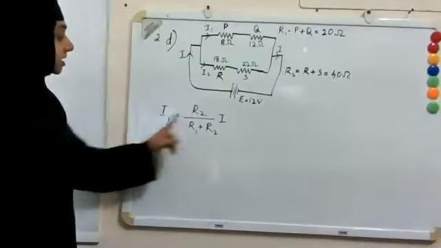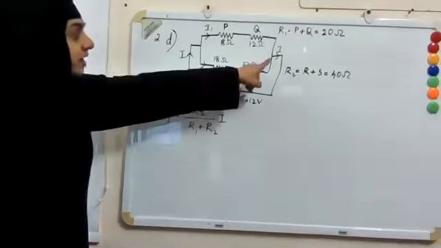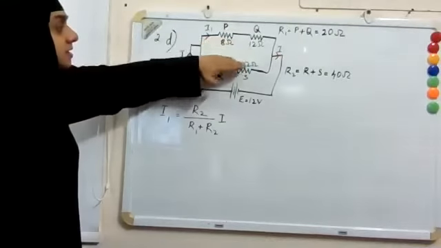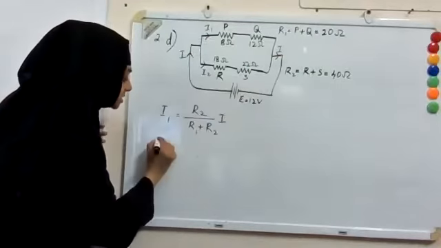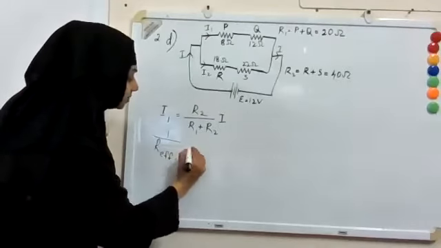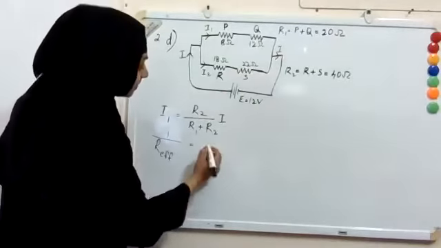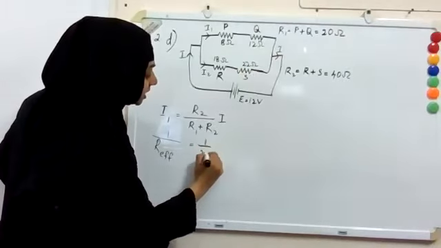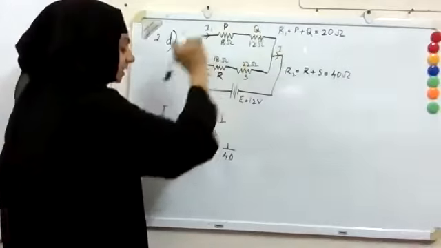And for that I need I, the main current. So to find the main current, I can consider these two as parallel. So the total effective resistance of the circuit: 1 by R effective will be equal to 1 by 20 plus 1 by 40, because R1 and R2 are parallel.